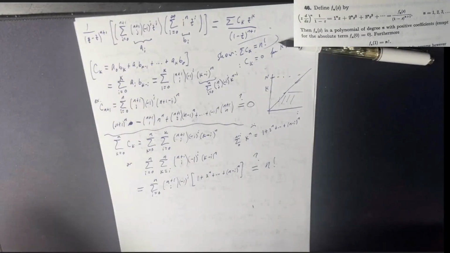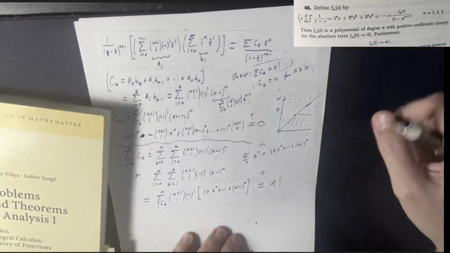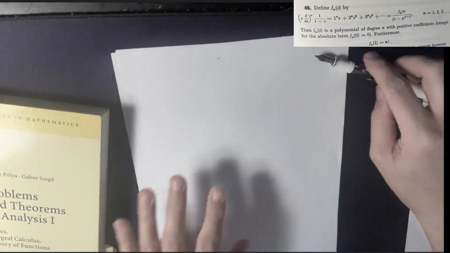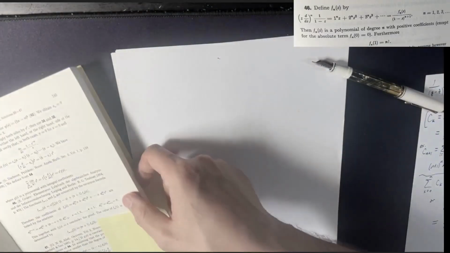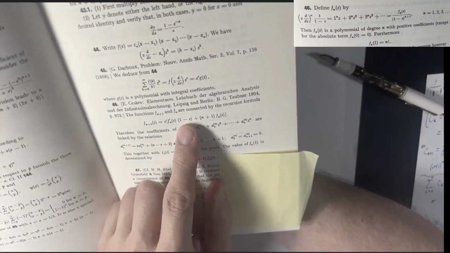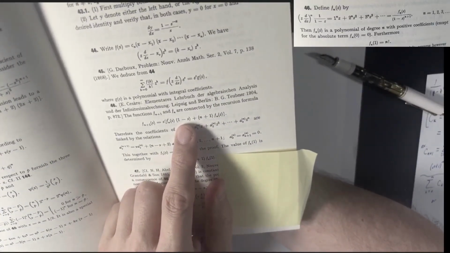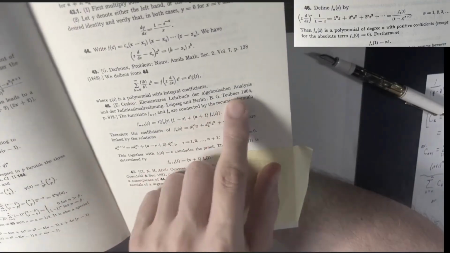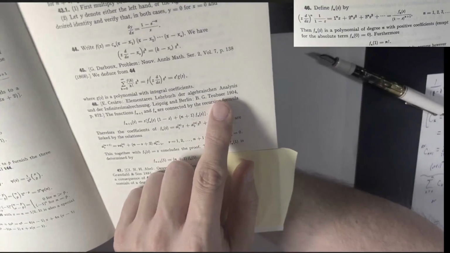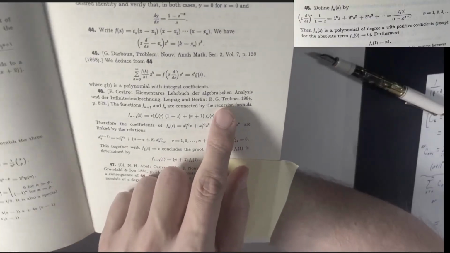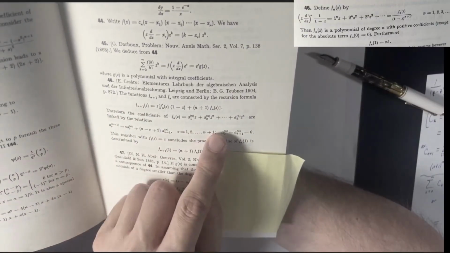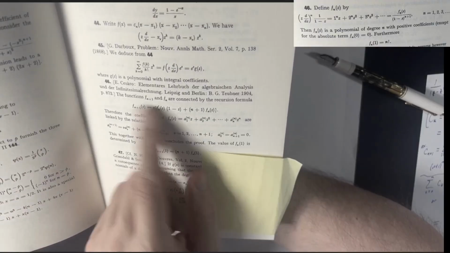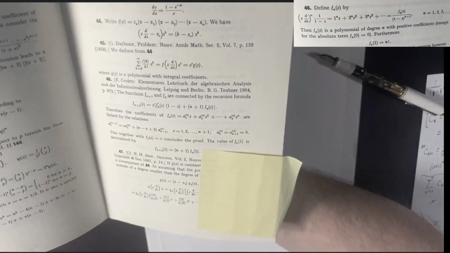So I'm going to spend this last 10 or 20 minutes trying to understand what he did. So from Cesaro, I'm confused. Is it a book by Tobner in 1904 contains this result? Functions are connected by this recursion formula.